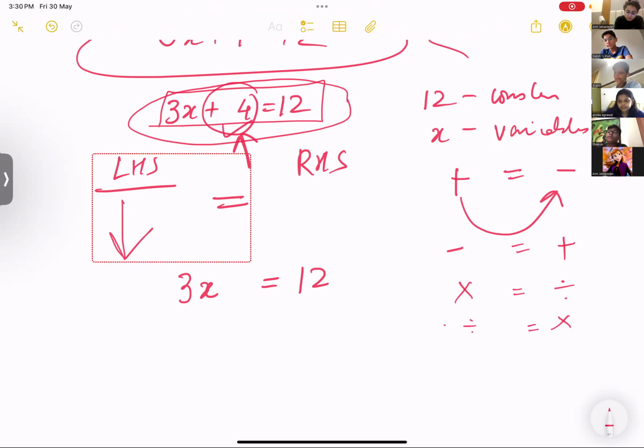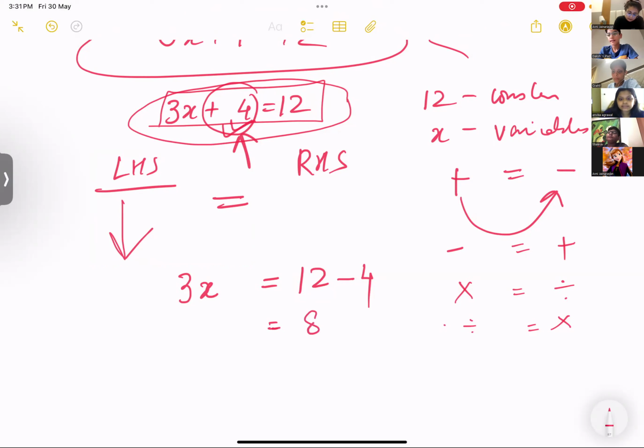So now this 4, when I take it on my right hand side, is becoming a minus 4. Give me the correct answer. So 12 minus 4 is what? 8. Okay. 3x is equal to 8.